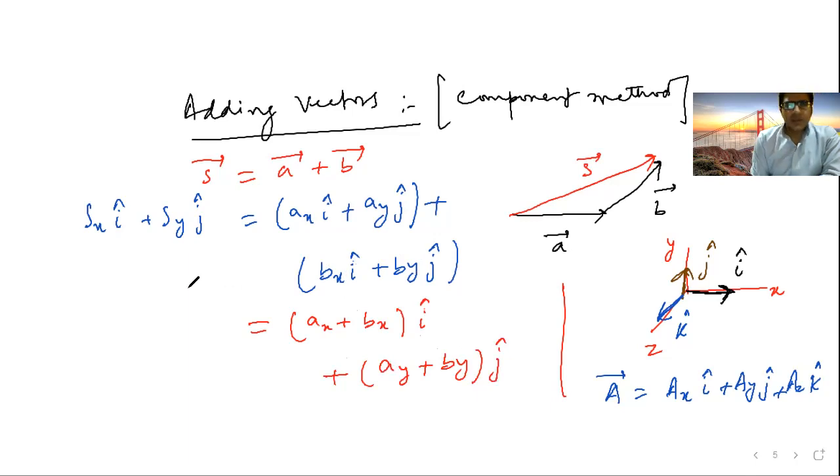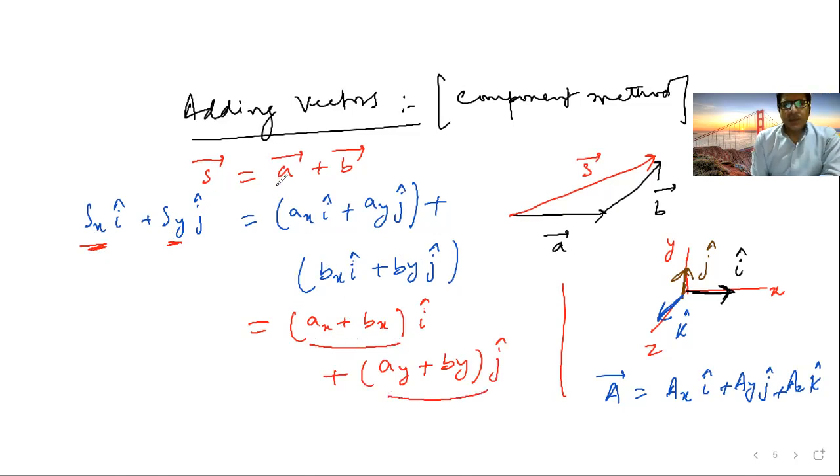So see, on the left hand side I have a vector S. sx is its x component, sy is its y component. On the right hand side, this whole thing is the x component and this whole thing is the y component.